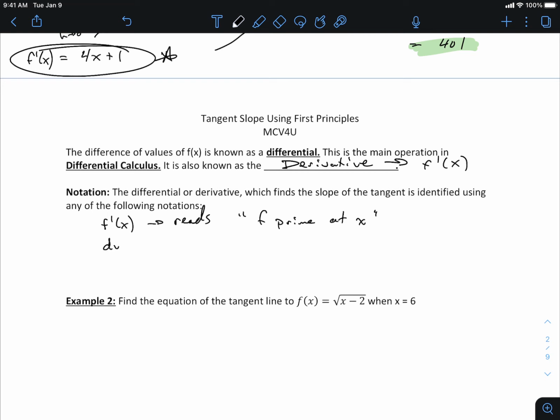You could have this one, dy dx, which reads dy dx. Those are the two you're going to see. This just simply means we're going to derive equation y with respect to x. That's what this means.